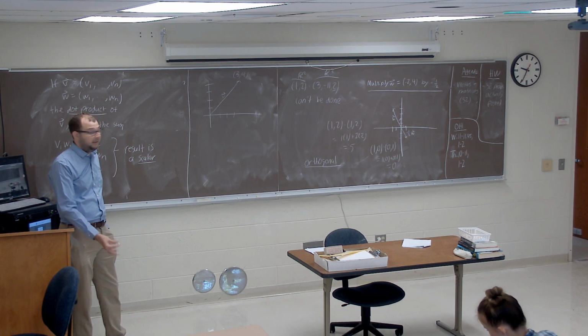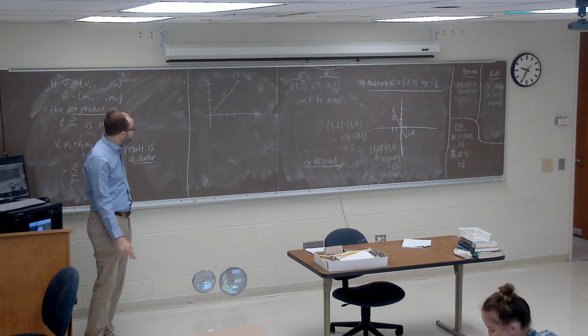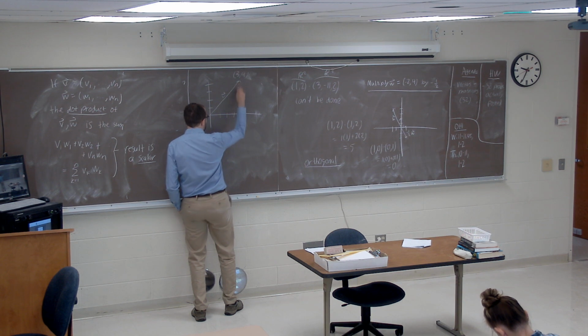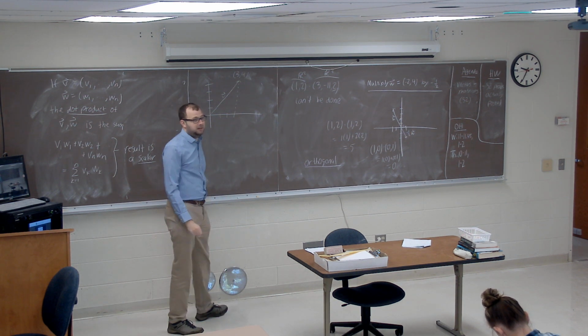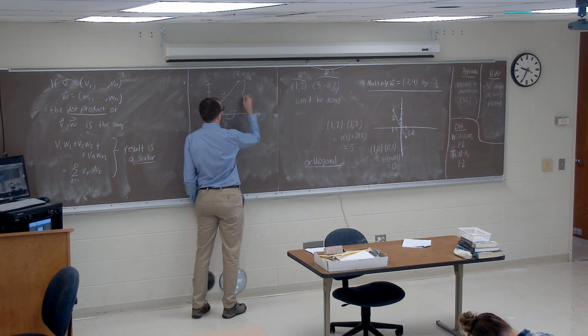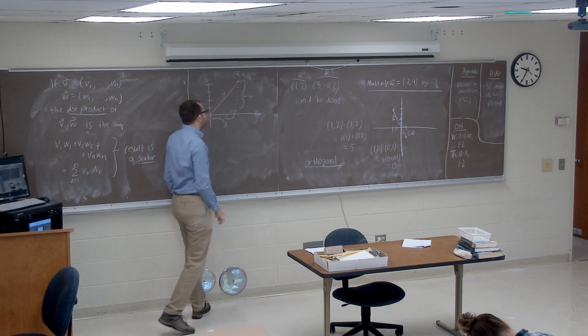Pythagoras. Yeah, the Pythagorean Theorem. As it turns out, we can form a right triangle here, where we know the length of this side is going to be 3. We know the length of this side is going to be 4.